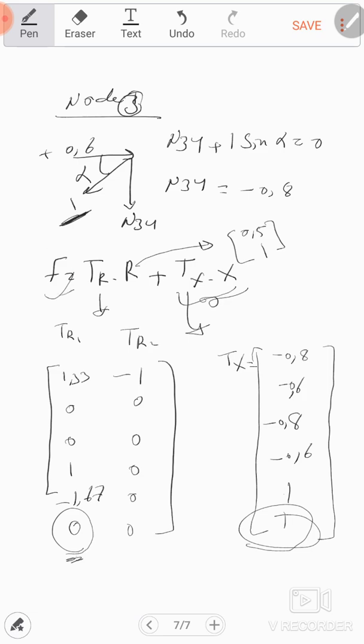So now we have only one part, the x, this one. We don't have the value of x. So let's show how we can solve this one.